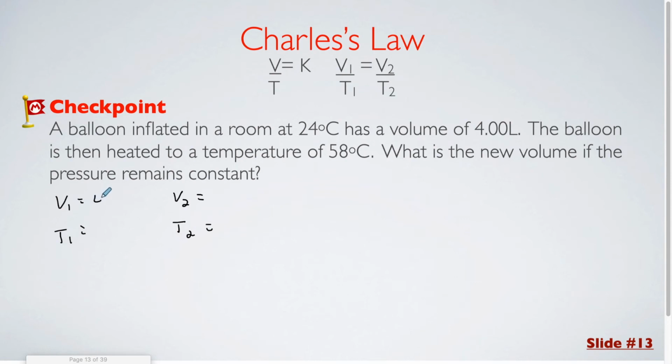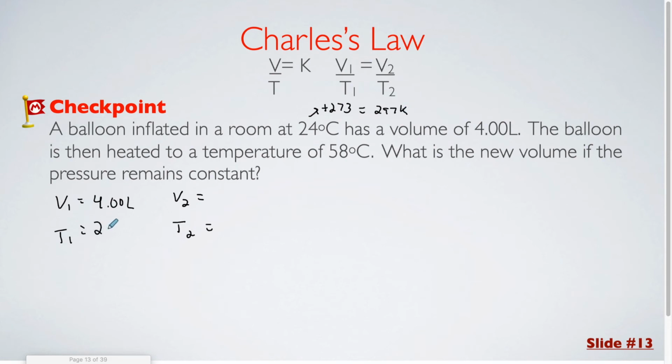My volume 1 is 4.00 liters. Now for my temperature 1. I typically never write any temperatures that are in Celsius within this spot, because then I'm more likely to accidentally plug it into the equation. So I usually just add 273 directly if I notice that my temperature is starting in Celsius. So if I were to add 273 to this temperature, that would be 297 Kelvin.